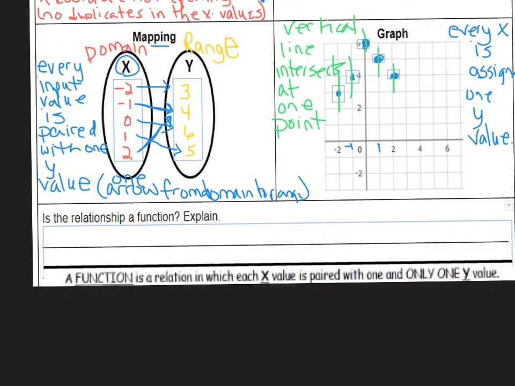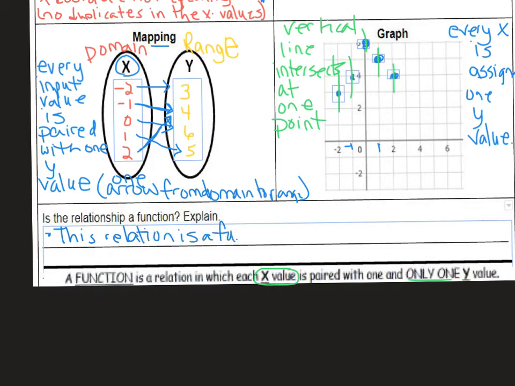Our final step is to look at the characteristics of each of those representations and ask ourselves, is this relationship a function? Using your definition, a function is a special relation in which every x value is paired with one and only one y value. So based on the information I've been given, I can state that this relation is a function.